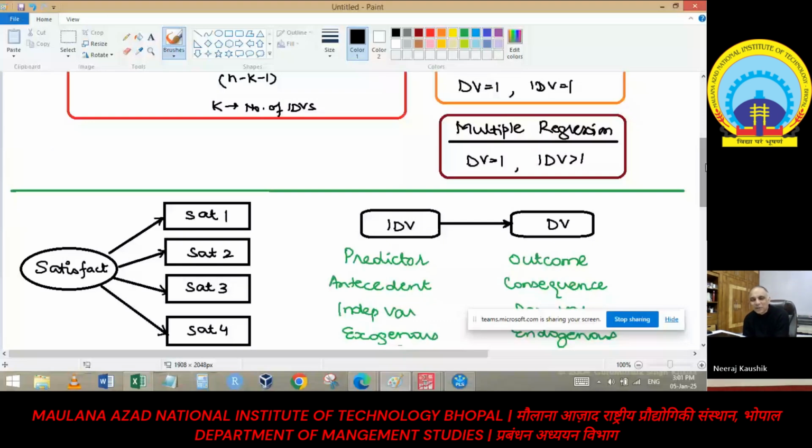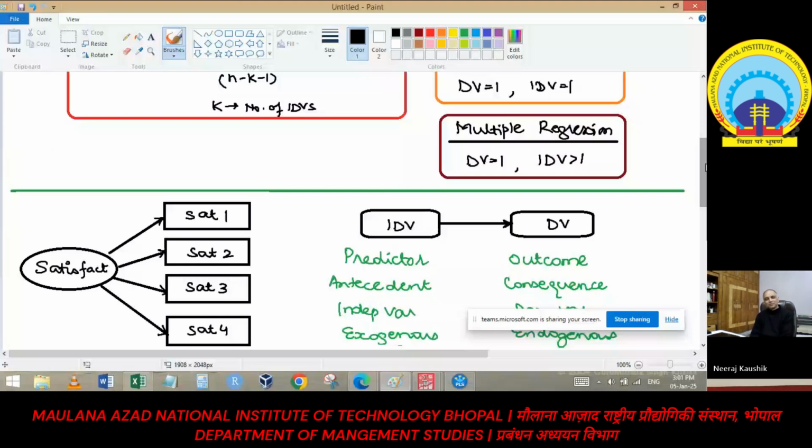Monu says neither simple nor multiple. Sir, there is only one construct, and SAT1, SAT2, SAT3 are the items, I believe. These are the statements of the satisfaction, no? Very true, which I have written.